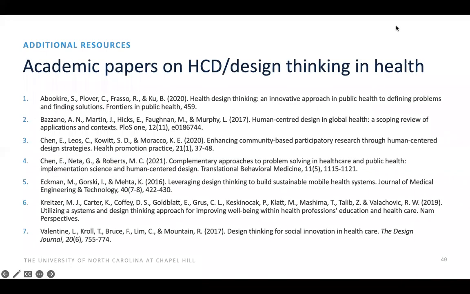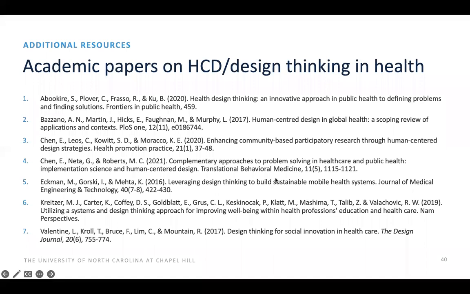And for those of you who want to learn more and want additional resources, I did put together a list of my favorite academic papers on human-centered design and design thinking. This is a snapshot, so not everything, but the highlighted version, and some of these were sent to you all ahead of today.